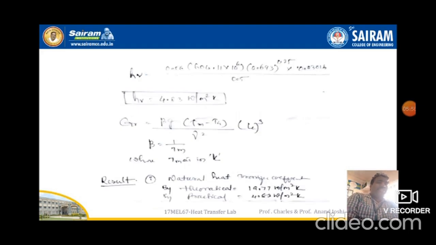Now you can calculate hv by substituting the Grashof number, Prandtl number and other fluid properties in that equation, and you get hv equal to 4.83 watt per meter square Kelvin. These are the equations we use for finding the heat transfer coefficient for the theoretical case. The results are: natural heat transfer coefficient by the practical value is 19.77 watt per meter square Kelvin, and the theoretical value is 4.83 watt per meter square Kelvin.